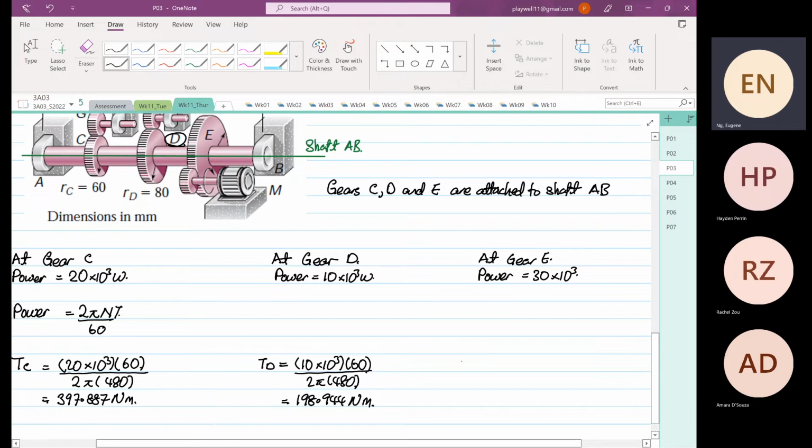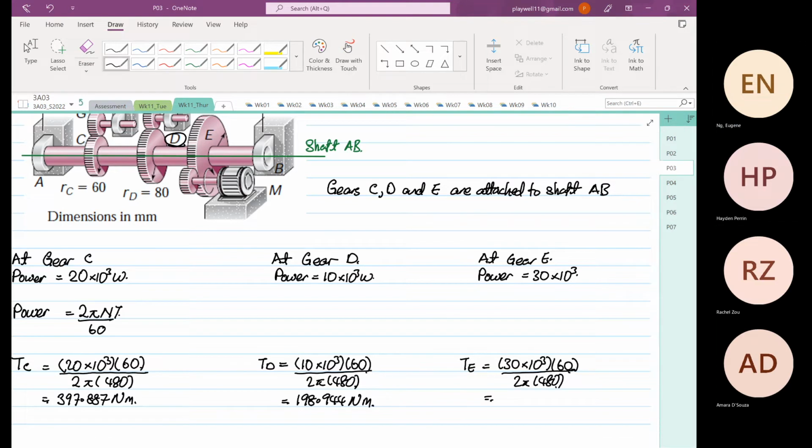So torque at E is equal to 30 times 10 to the power 3 multiplied by 60 divided by 2 pi 480. So this is equal to 596.831.